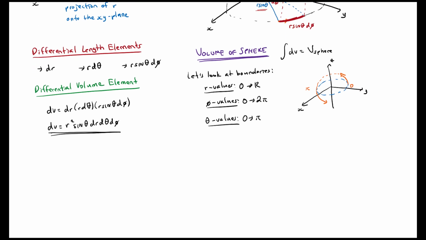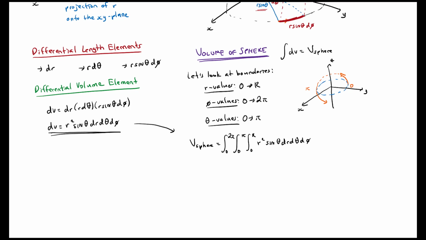And when we calculate the volume of a sphere, V sphere is equal to the triple integral. So we have these boundaries that we have to put in. And we have r squared sine theta dr d theta d phi from our dv.